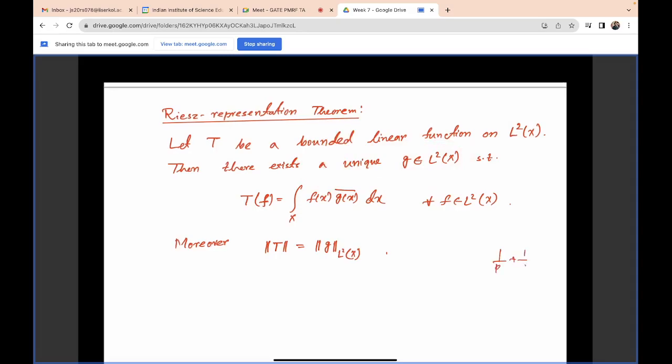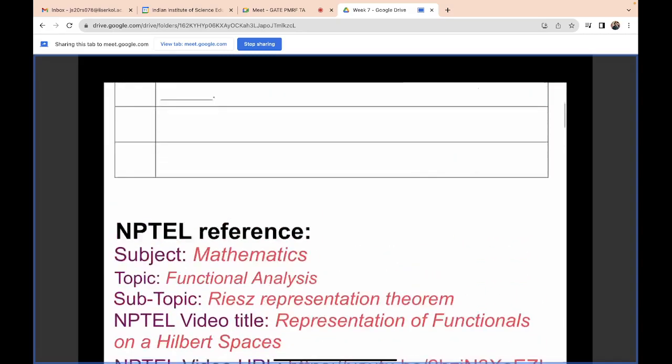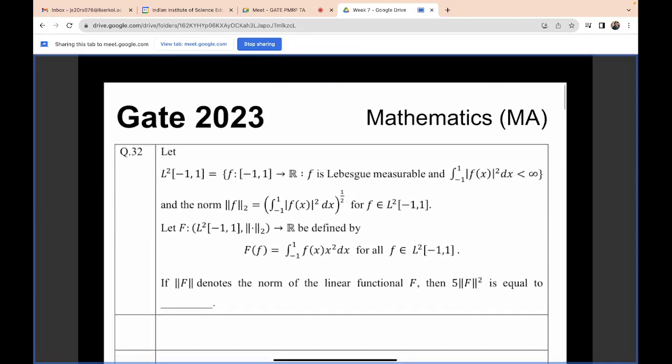This type of relation is satisfied. If you take f from LP, then g belongs to LQ space, it will be unique, it will be given by this type of integral formula, and the norm will be again this. So this is the more general version for LP. Here I have stated it only for L2, because for solving this I only need L2.